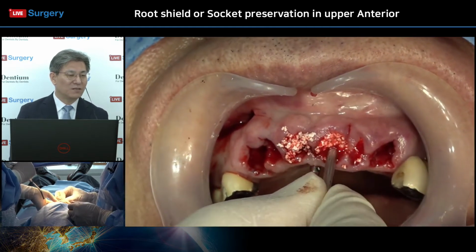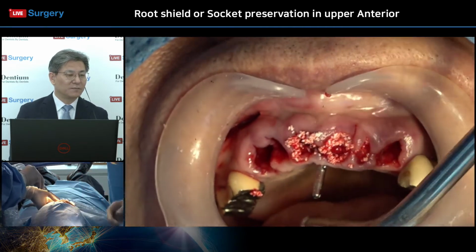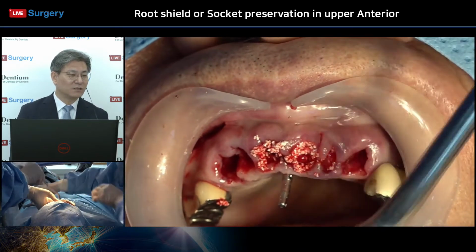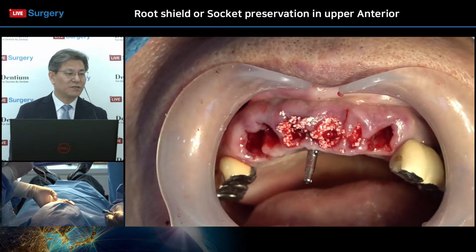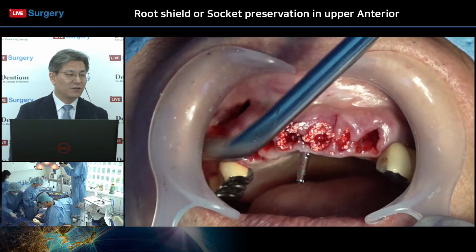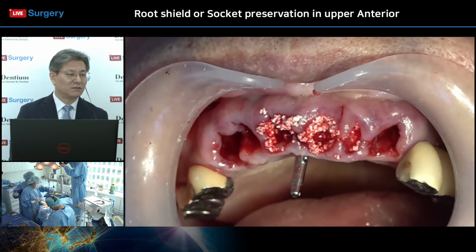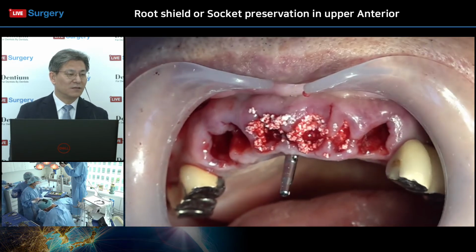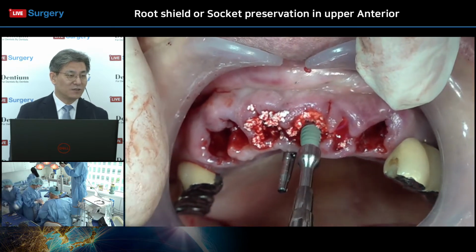It depends on the surgeon's style. When we have grafting first, actually a compact filling is easy to get. So this one is the preferred method of Dr. Chung. So this one is brand new.